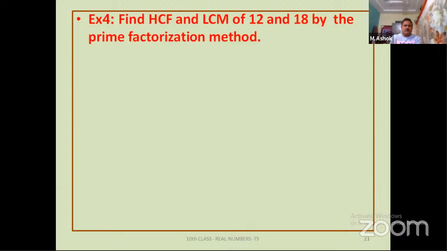The question is, find the HCF and LCM of 12 and 18 by the prime factorization method. In the examination, they mention which method you have to follow to find HCF and LCM. So you have to find HCF and LCM using the prime factorization method.